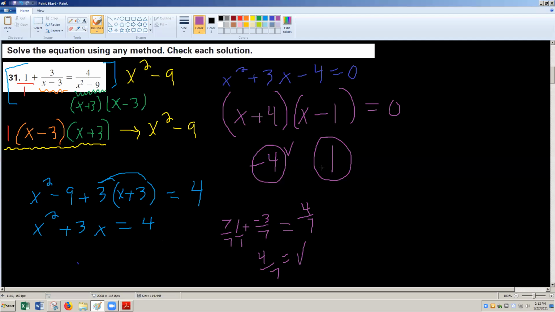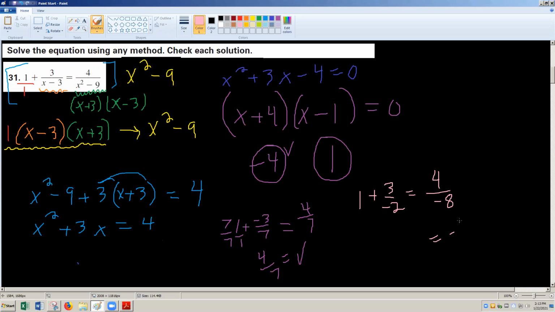We just checked it. We go through and check 1. Spoiler alert, it works. When I go through and check 1, here I get 1 plus 3 over, now this will become negative 2. So 1 plus 3 over negative 2 equals 4 over, now 1 squared is 1, so 1 minus 9 is negative 8.